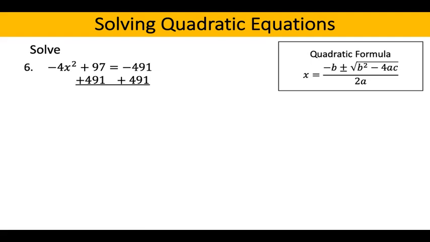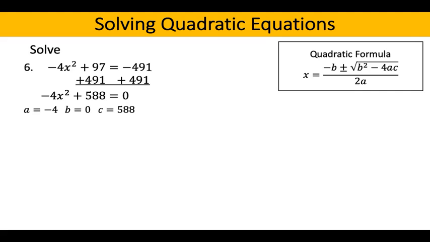In this case, I'll leave the a as a negative, although it is my preference to have it as a positive. So we have negative 4x squared plus 588 equals 0. We'll name our a, b, and c values. So we have a equals negative 4, b equals 0, and c equals 588.